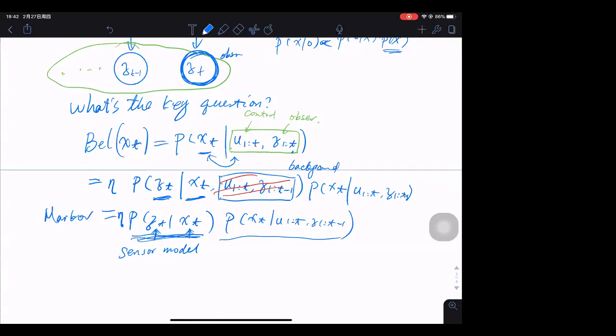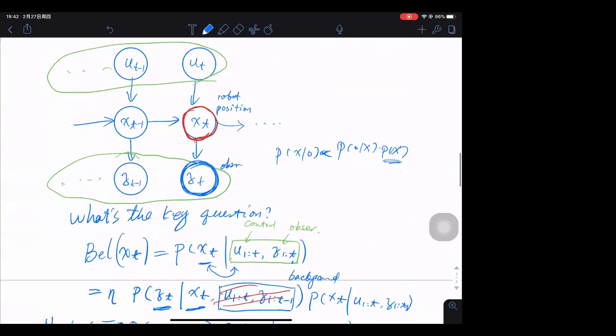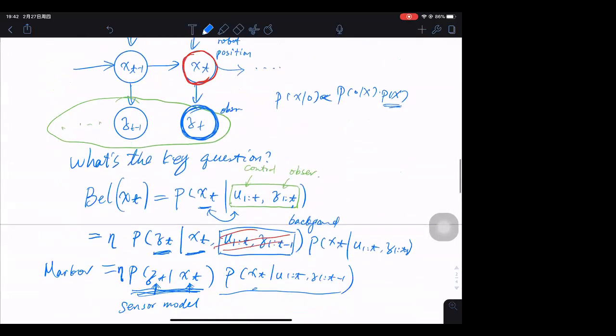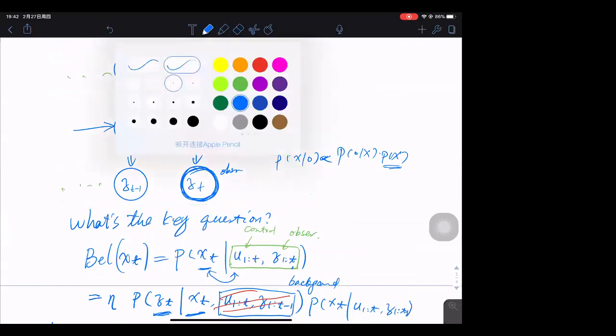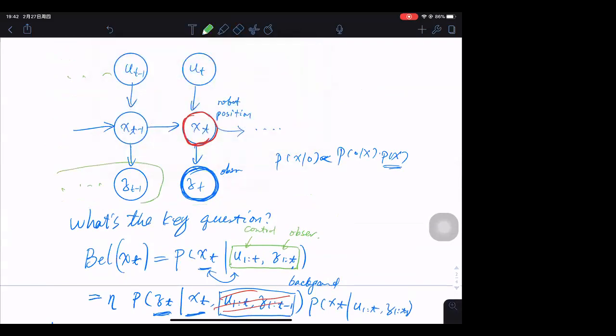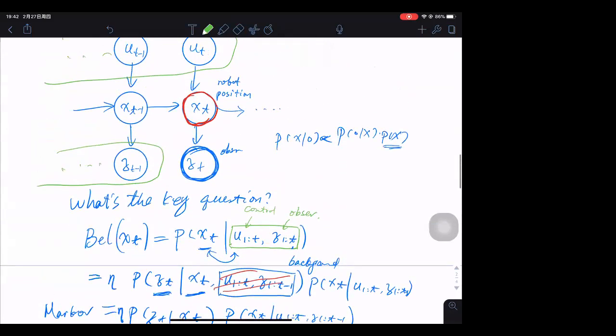This one seems quite weird, right? It is weird because I want to know how I can get the value xt based on the previous observations and the control. That means, based on these and these, I want to know about xt.